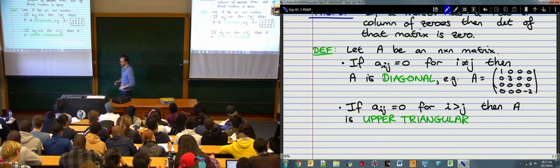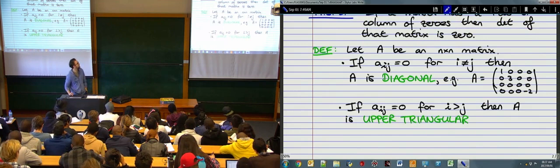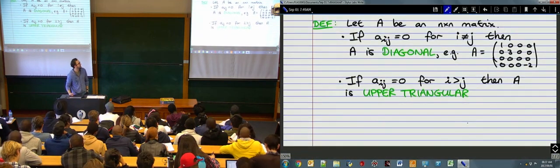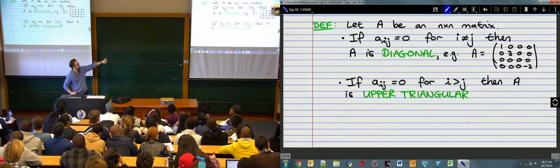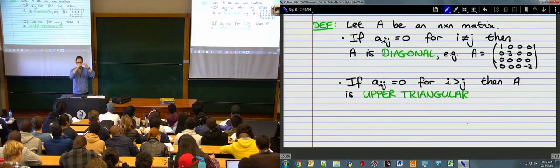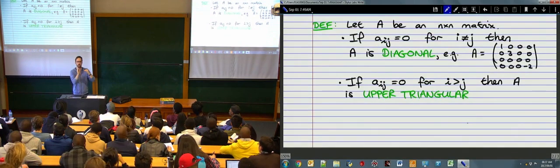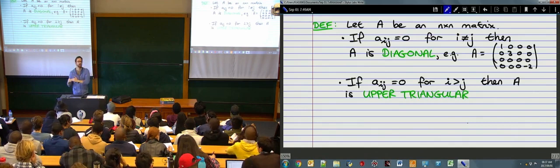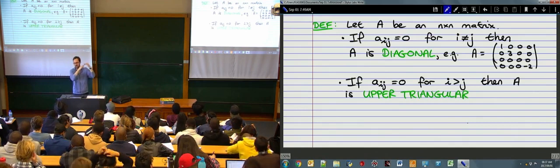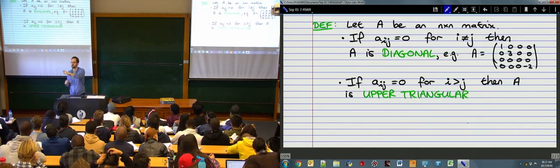I'll draw an example in a moment, but stop and think about what this is saying. i bigger than j says that how far down you are is more than how far across you are. So this is really all the entries underneath the diagonal. If all the entries underneath the diagonal are 0, it's called upper triangular.